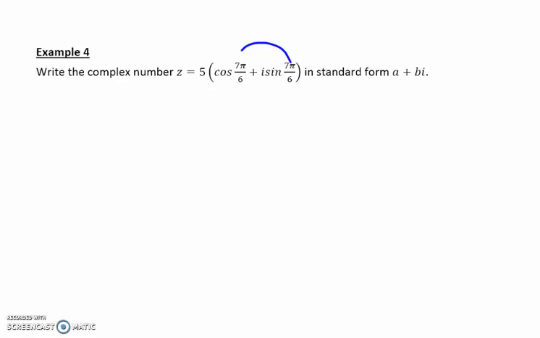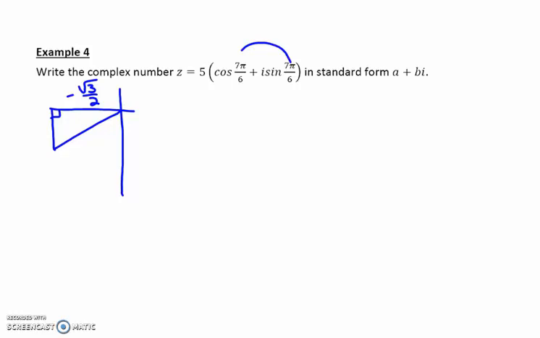So again, I like pictures. So I'm going to draw that angle, and I know that it's in the third quadrant, right? And so I know that this is 7 pi over 6, which is the same thing as 210 degrees. So I know my x value is the square root of 3 over 2, but it's negative since we're in that third quadrant.